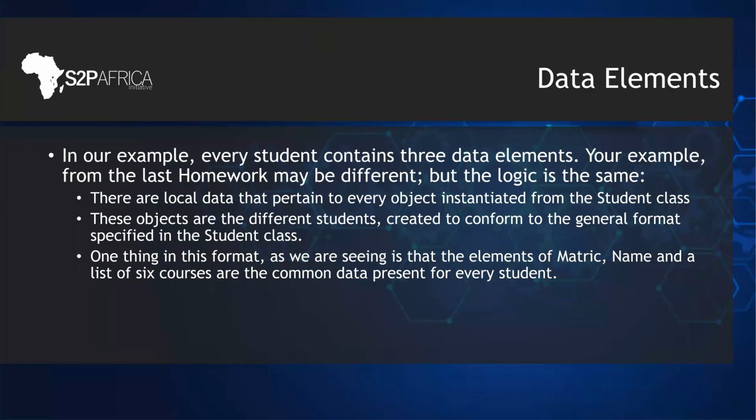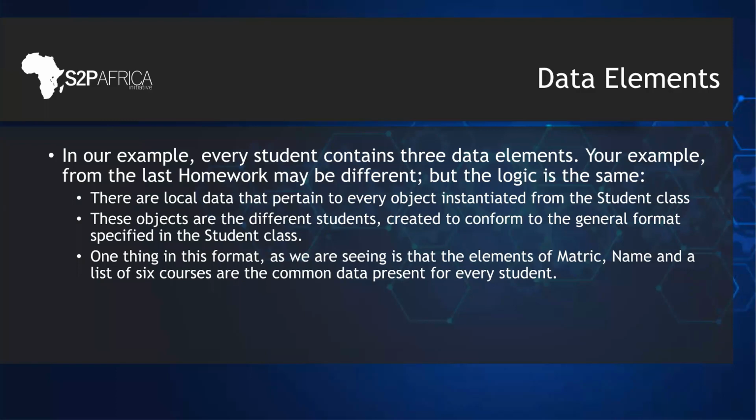So if I tell you that every student contains 3 data elements, those data elements are the things that every student will have values for. The values they have will be specific to the student, but abstractly, they are data elements.